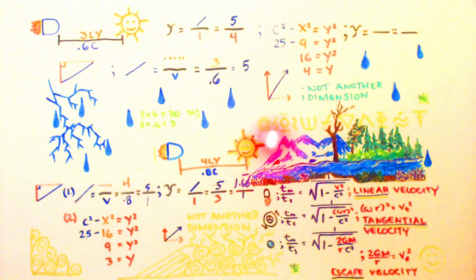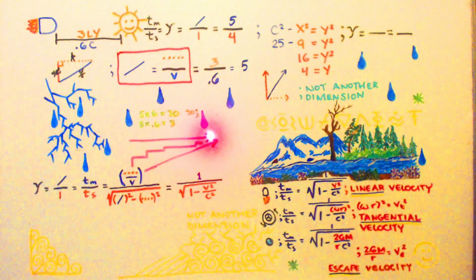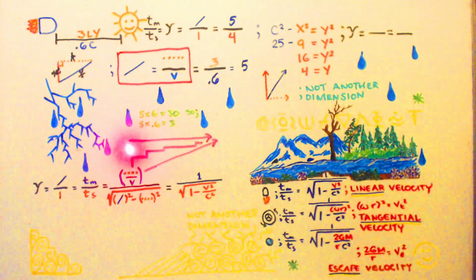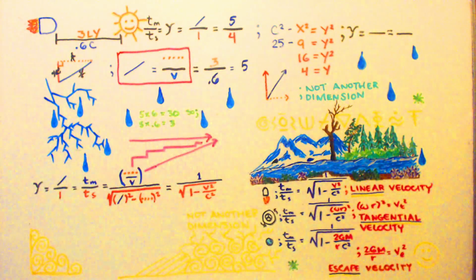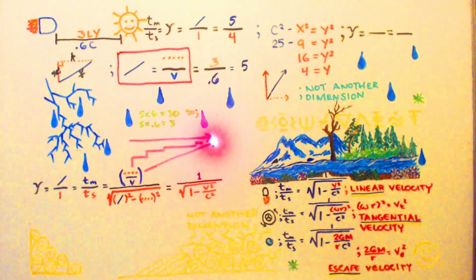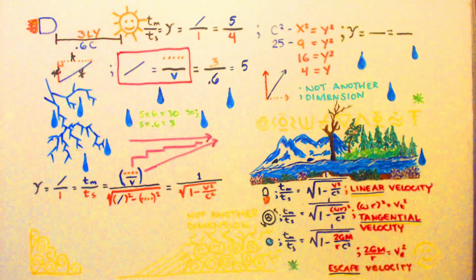Why? Because your photon had to go two directions, this way and moving through space this way. So you're going like this. The photon is not going in little steps like this, so that it only goes in the x and y direction. Okay, it's going at a diagonal line. So this is just a resultant.